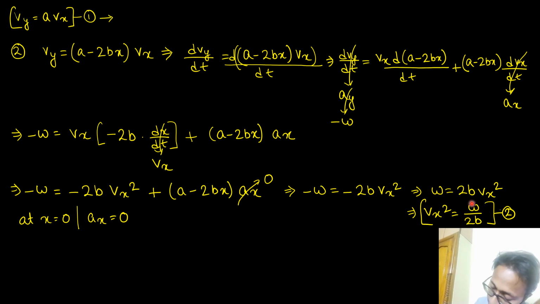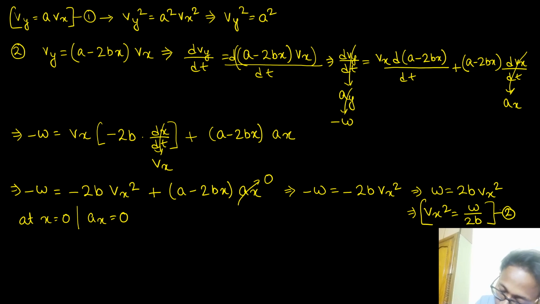Can I substitute the value of w by 2b out here? Of course. So vy square is equals to a square into vx square. Why I'm doing square, you'll understand. Vy square is equals to a square into, what is the value of vx square? w by 2b. So into w by 2b.